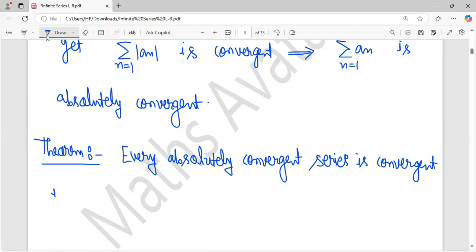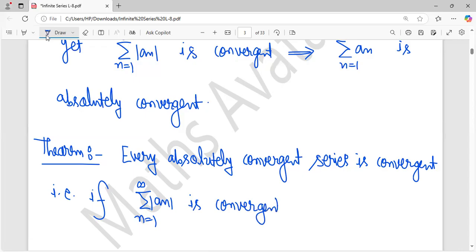It means if this series, summation of absolute a_n, is convergent, then this series, summation a_n, is convergent.